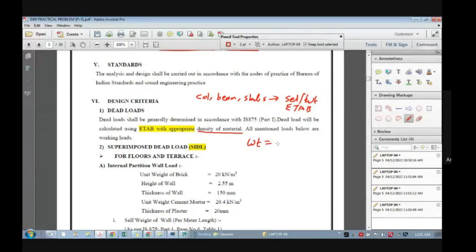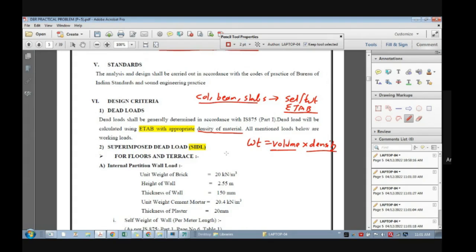Weight is nothing but volume into density. So the software will automatically calculate the weight of the slab, beams and columns, because we give the sizes of the columns and beams, then it will calculate volume and multiply with density. So there is no problem regarding the self-weight of these elements.